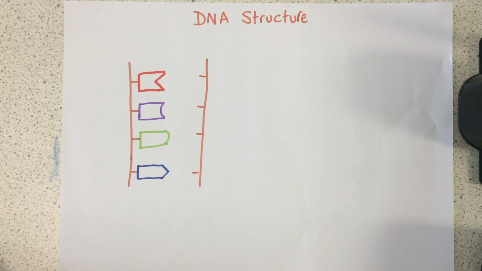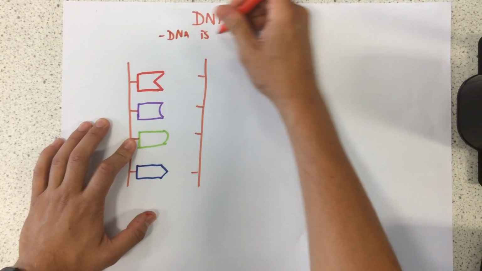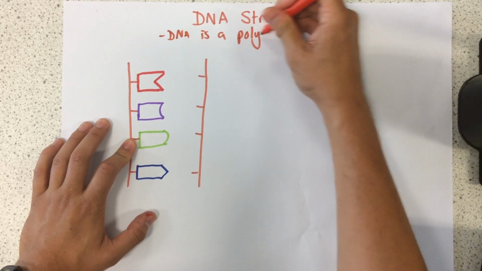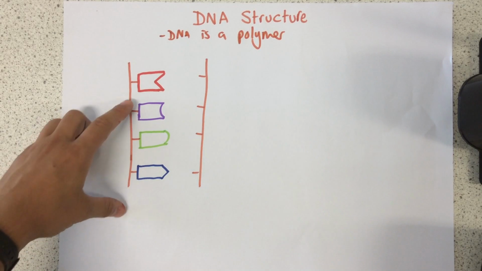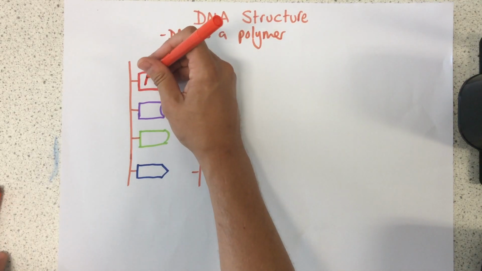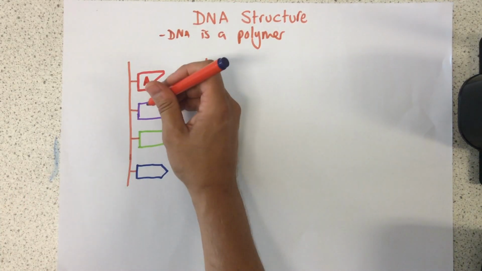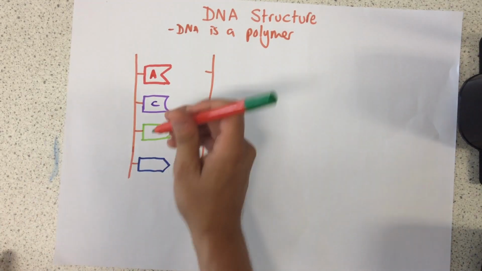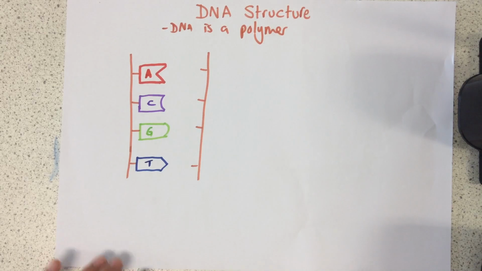So first of all, it's important to start by saying that DNA is a polymer. It's made up of these repeating units, and there's 4 different bases that form the code. The 4 different bases that form the code are A for adenine, C for cytosine, G for guanine, and T for thymine.